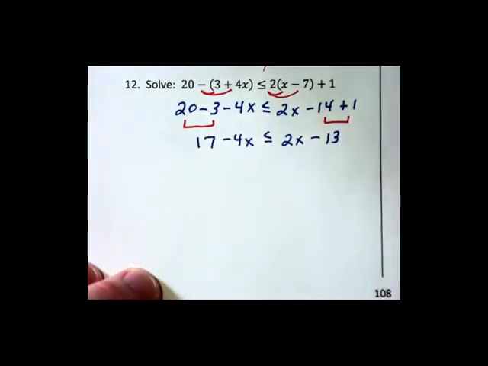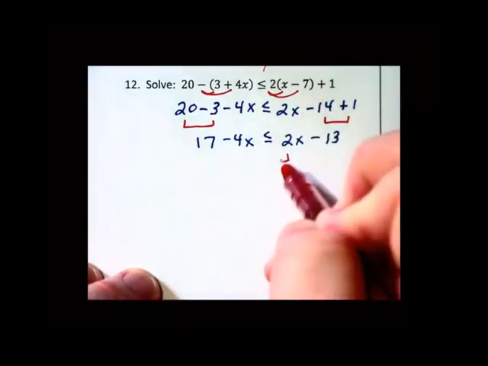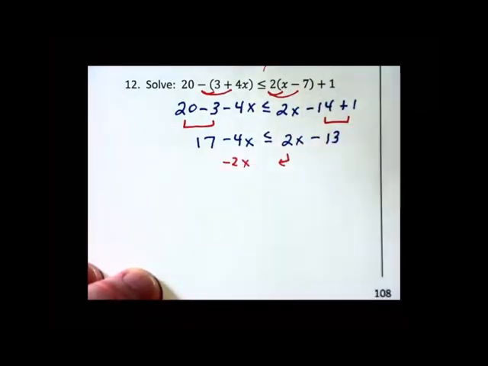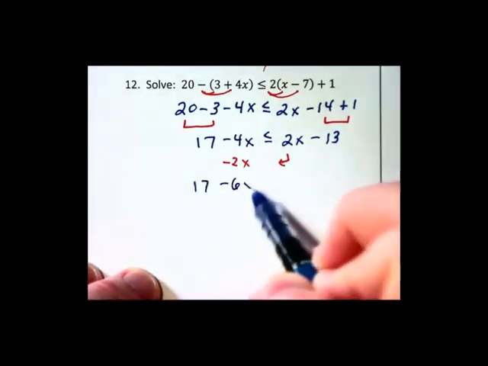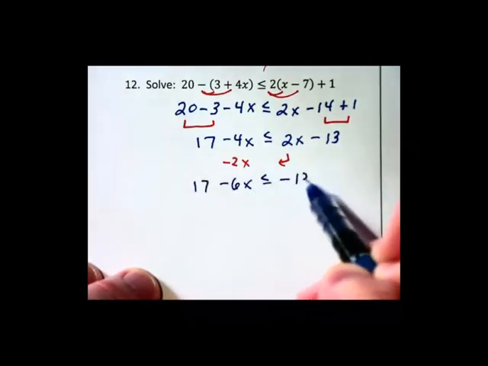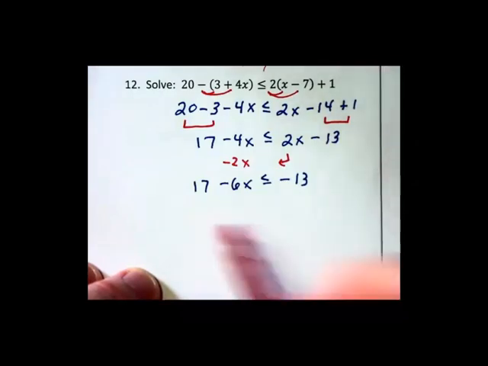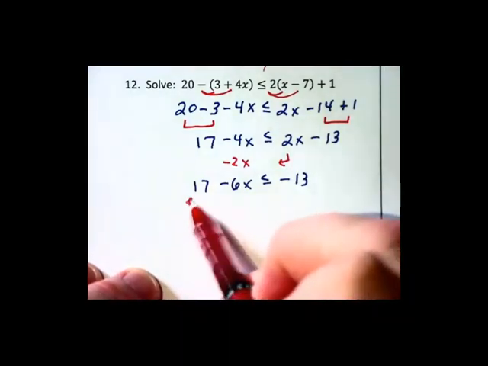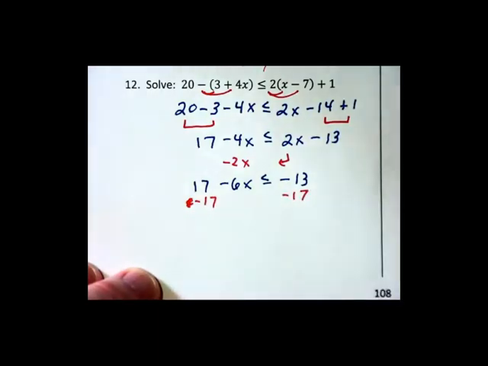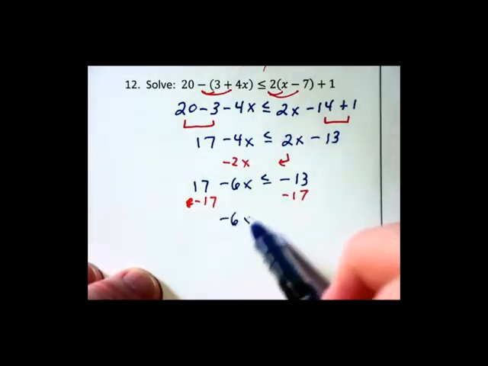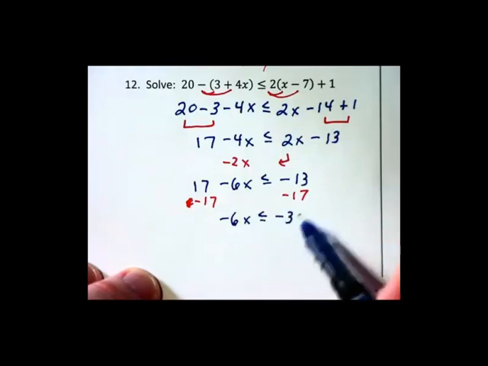I'm going to choose to move all my x's to the left, subtracting 2x on each side. So the left side will be 17 minus 6x less than or equal to negative 13. Now we want the x's by themselves, so we're going to subtract 17 on each side. That will give us negative 6x less than or equal to negative 30.